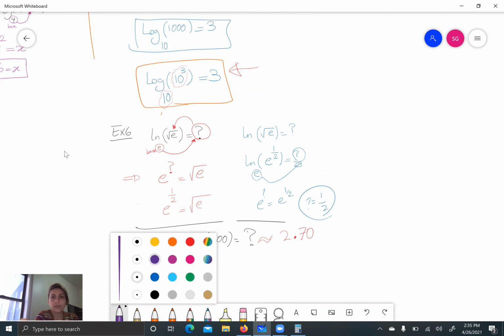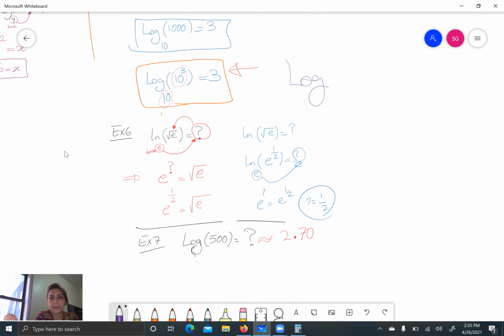So I have a logarithm to some base, and the input value is the same base to some exponent, whatever that exponent is, to some number, like 3. And then what is the answer? The answer is 3. So another example.